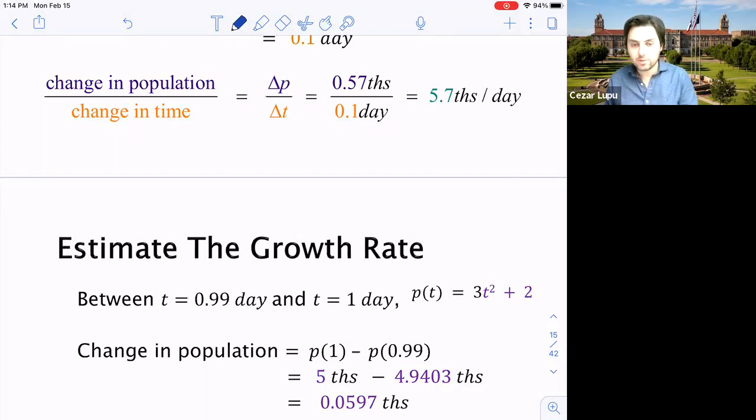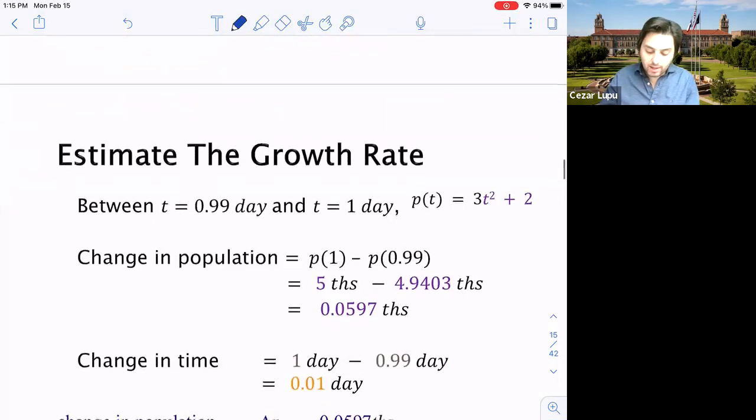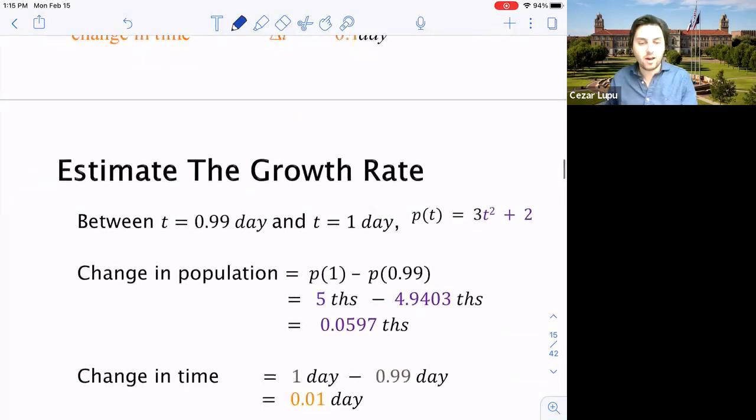So the change in population will be P of 1 minus P of 0.99, which, if we just do elementary algebra, will give us 0.0597 thousandths.